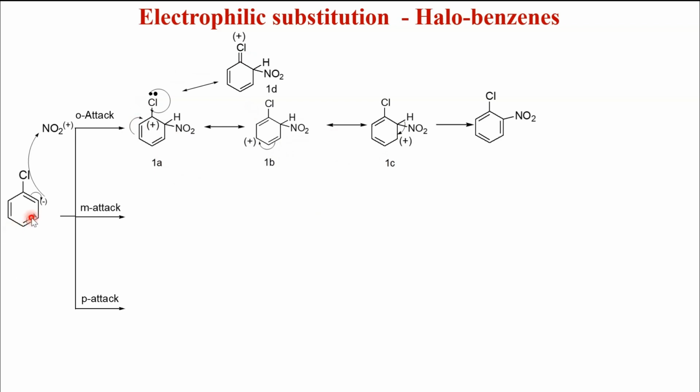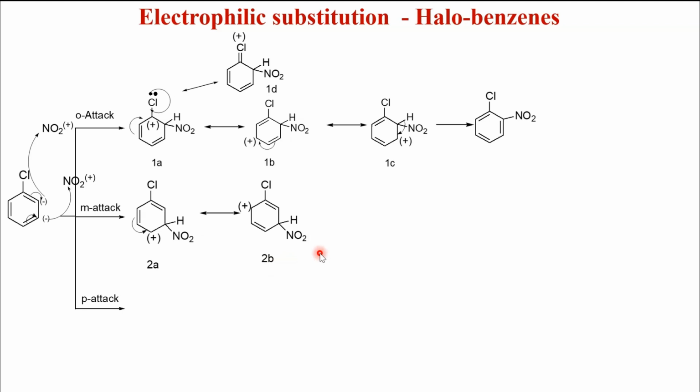The pi electrons can move over here, creating a carbanion at the meta position. This electron-rich center attacks the nitronium ion and the meta attack takes place, creating a positive center at the para position. To satisfy this positive center, the pi electrons from the adjacent carbon move to give rise to a positive center at the ortho position.